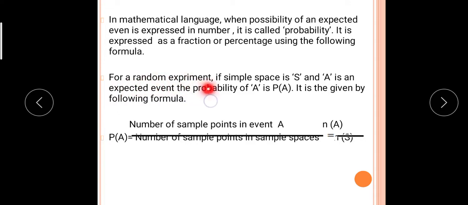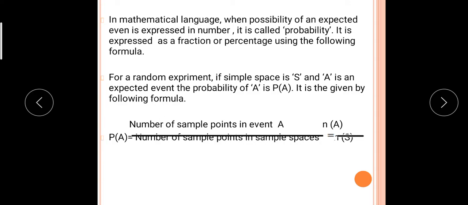In a random experiment, if S is the sample space and A is an expected event, all of you know that now, no need to repeat it. What is sample space? What is event? The probability of the event A is P of A, and it is given by the formula: probability of an event A is equal to the number of sample points in the event A upon the number of sample points in the sample space.